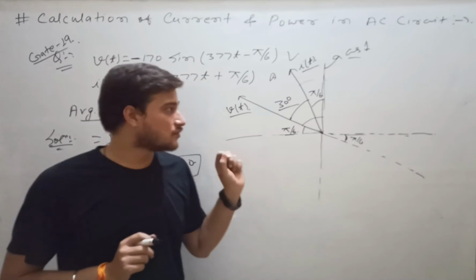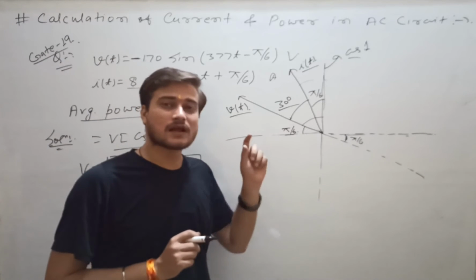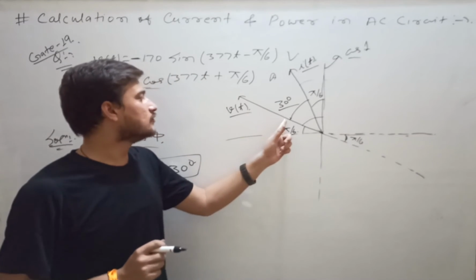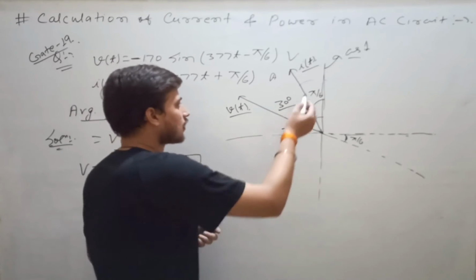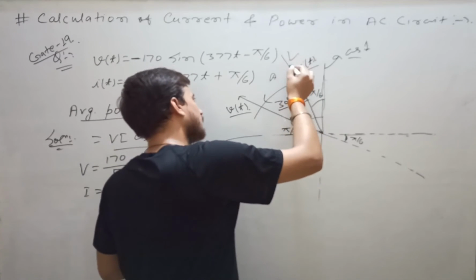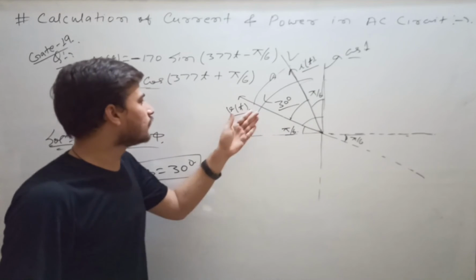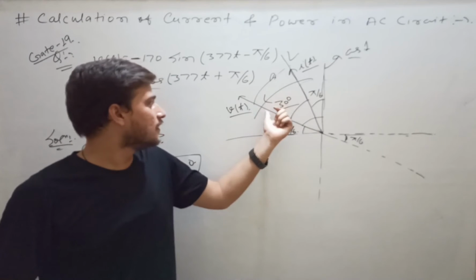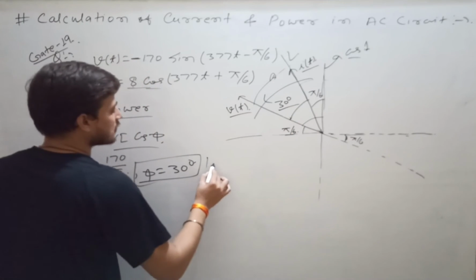Lead and lag is always taken in terms of current, whether current is leading or lagging. Here the voltage phasor is ahead of current phasor, if you are coming in the anti-clockwise direction, current phasor comes first and voltage phasor comes later. So current is lagging the voltage by 30 degrees. You can say 30 degree lag.